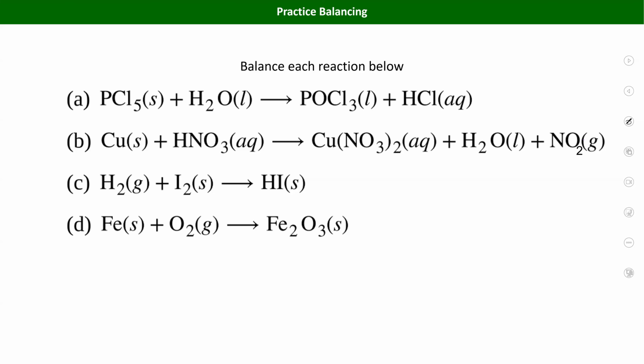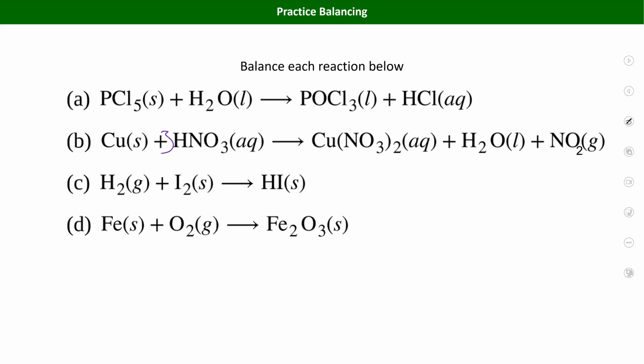But I have two nitrates and then another nitrogen showing up over here. So I've got at least 3 nitrogens on this side. So at the very least, I know there has to be at least a 3 there. It might be more than 3, but it's gonna be at least a 3.